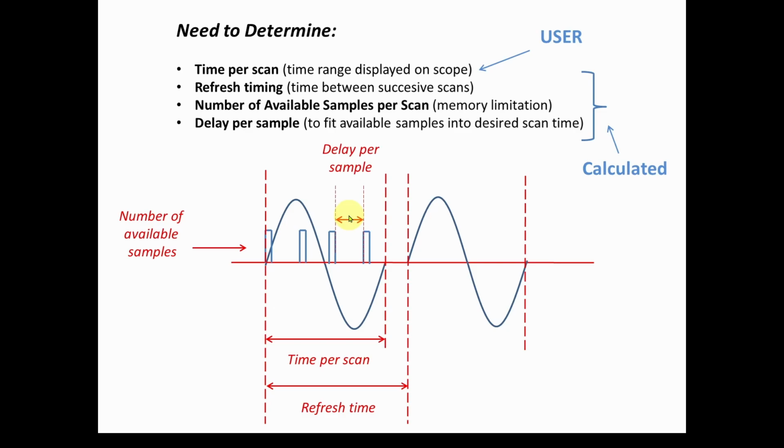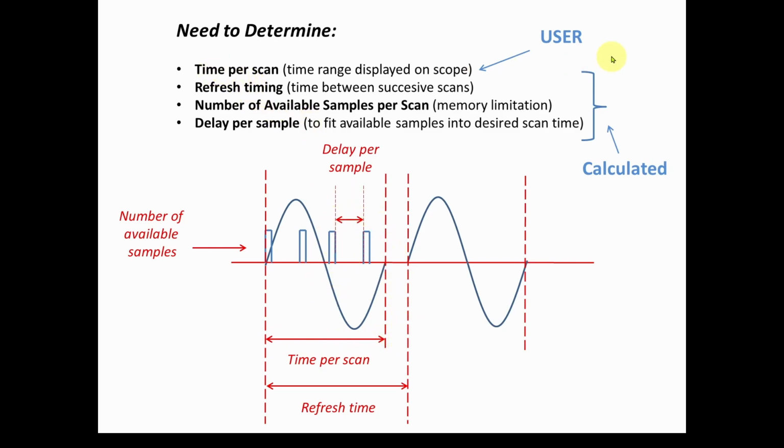The way we're going to approach this is we're going to have the user set how much time per scan, basically the time range displayed on the scope. They're going to set the time per scan, and then the application can calculate the rest. Once you know this time per scan, and the number of samples limited by the memory, all you have to do is divide the scan time by the number of samples, and you can figure out the delay, and the total refresh time once you've measured all this stuff.